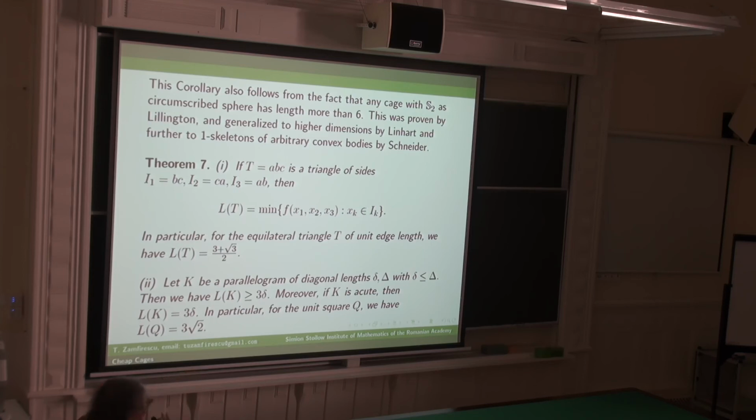Acute means that the diagonals divide the angles into 2 acute angles. If this is the case, then we have exactly 3 times small delta. And in particular for the unit square, where the condition of acuteness is satisfied, we have 3 square root of 2, because delta is square root of 2.